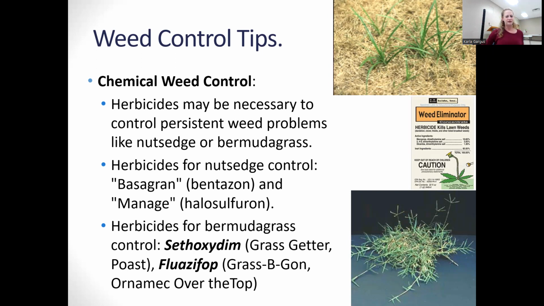So grass getter, Poast, this fluazifop, whose label name would be Grass Begone or Ornament over the top. That can be used literally over the top of most ornamentals and woody plants and shrubs. It would not be something you would use on ornamental grasses because it does kill grasses.